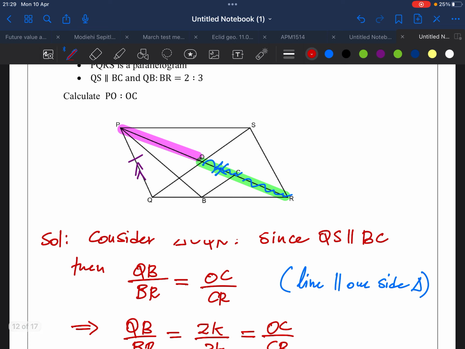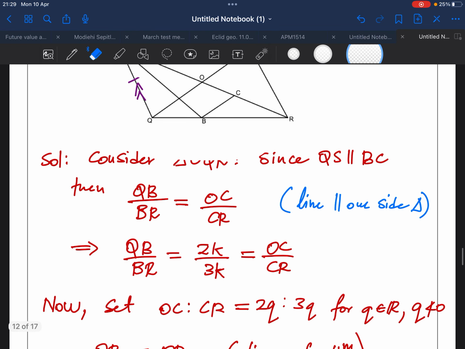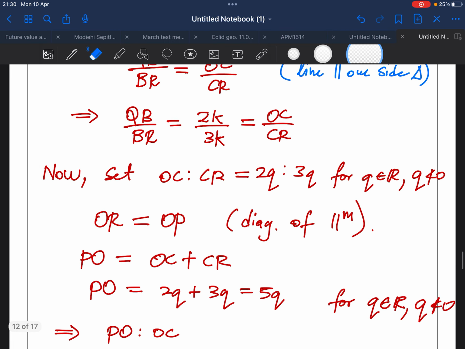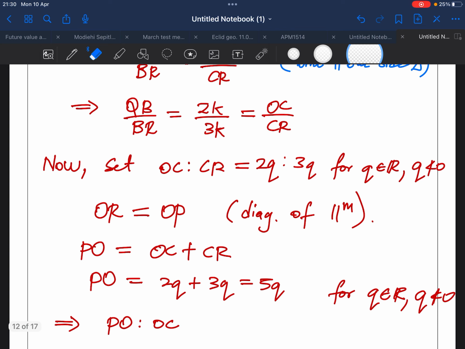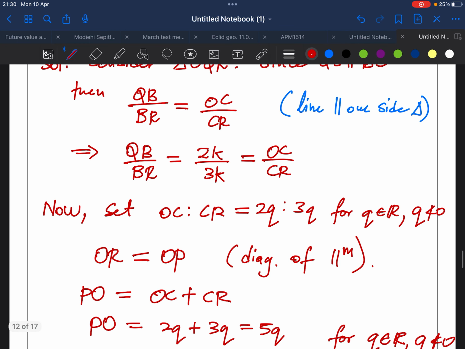So now let us introduce the new information. PO over OC will be, what is PO? We see that PO is 5Q. But what is OC? What is OC, guys?